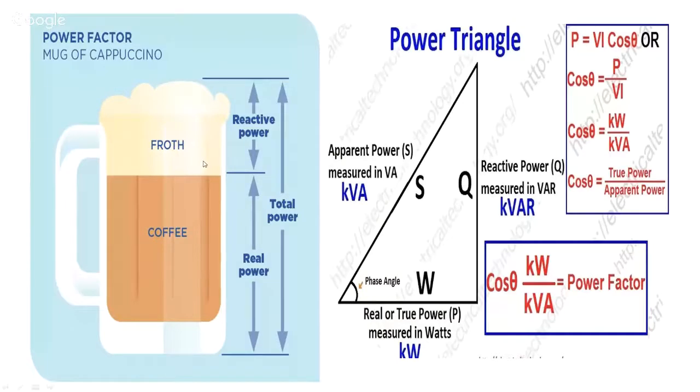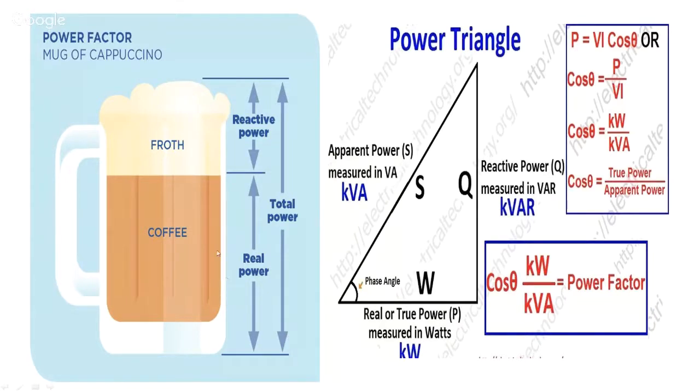And the froth, which is not the coffee, just the foam at the top, represents the reactive power. The total of these gives you the total power, that is, reactive power plus the real power.